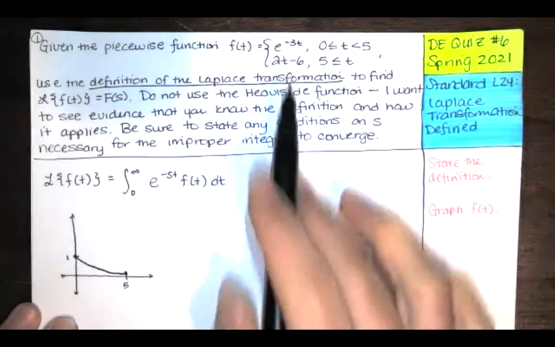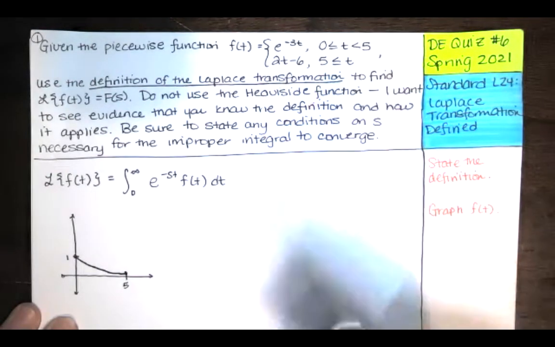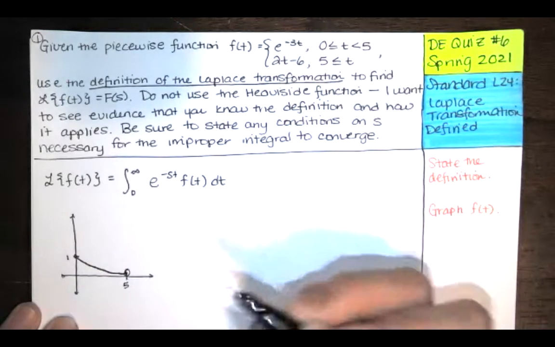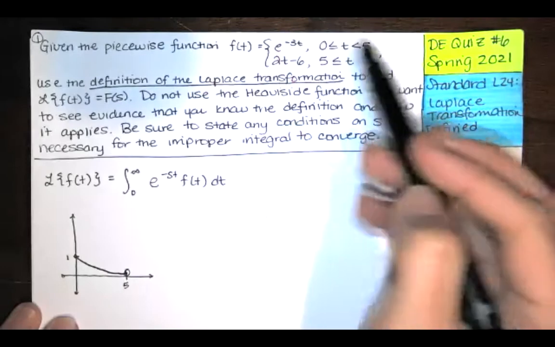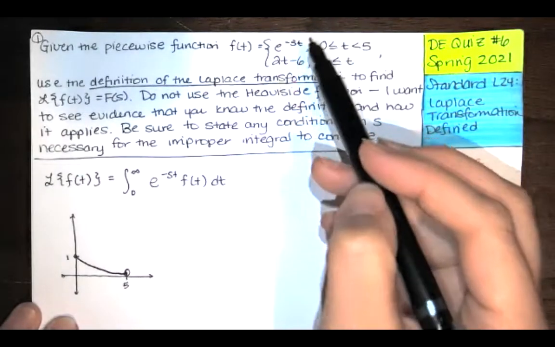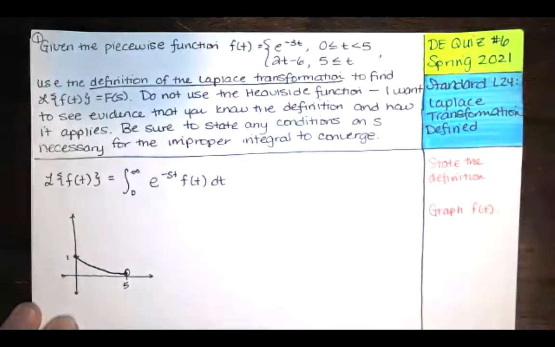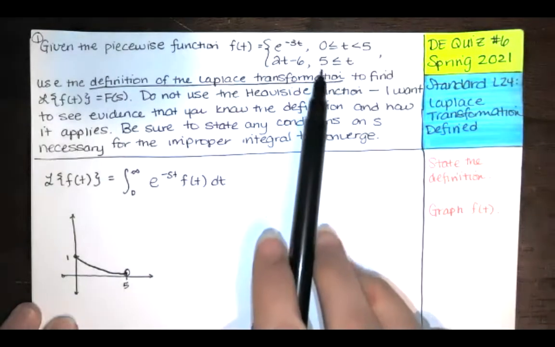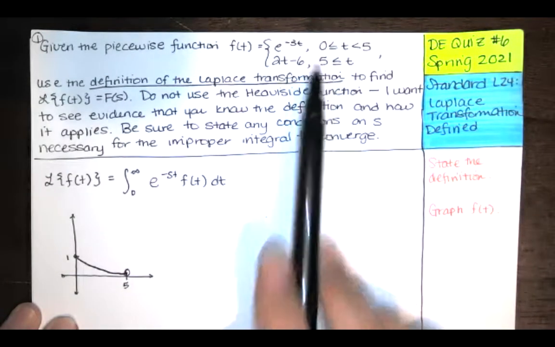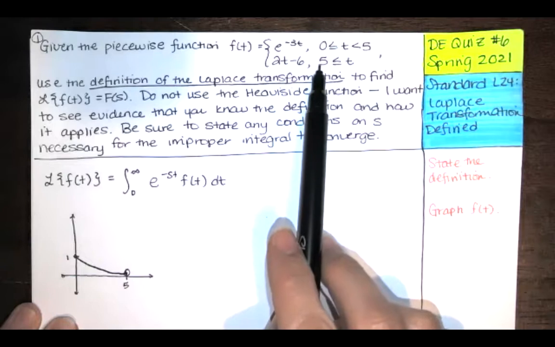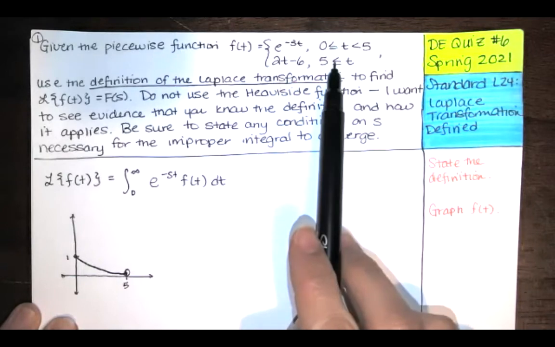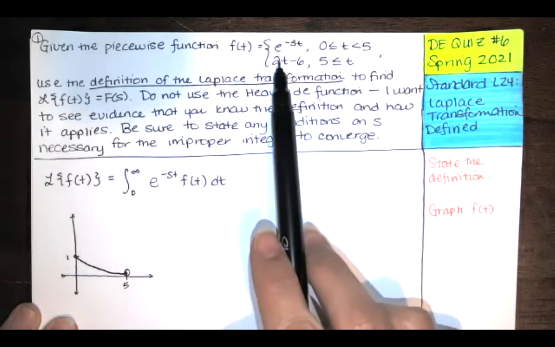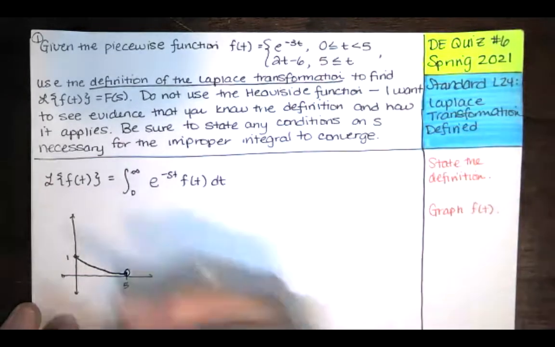Now, we're also told that on the interval from 5 to infinity, and there would be an open circle there because 5 is not included on the interval where this f of t is equal to this e to the negative 3t. Okay, so on the interval from 5 to infinity, including 5, what we would have here is a linear function, and when t equals 5, we would have 10 minus 6, which is 4.